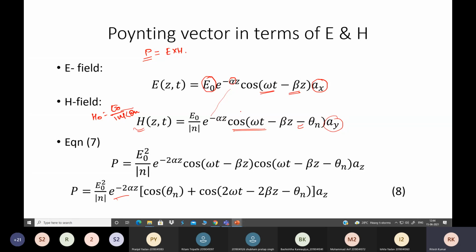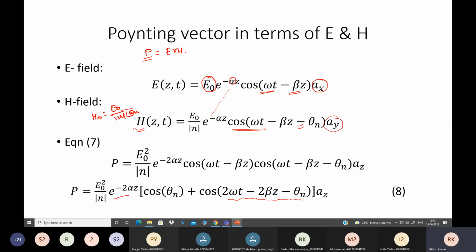And when you multiply these two terms, cos A into cos B, we can break it into cos(A plus B) plus cos(A minus B). Cos(A plus B) means adding these two, so we get cos(2 omega t minus 2 beta z minus theta n), and for A minus B we subtract, so we get cos theta n.